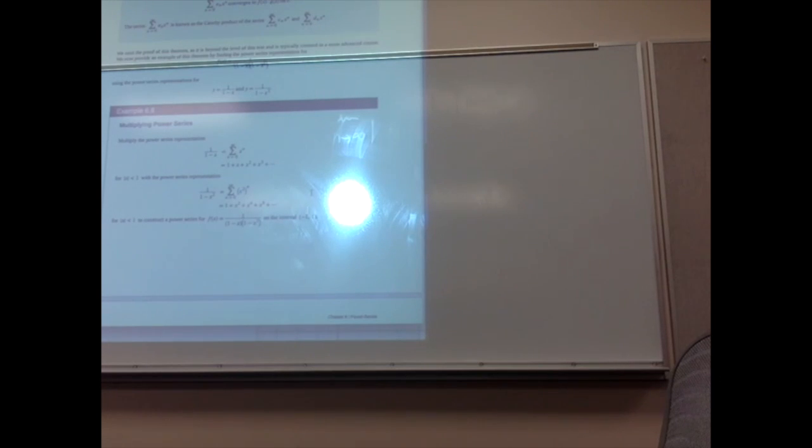Based on the examples that we've seen so far, I could come up with this answer very easily, by just taking the geometric power series and everywhere you see an x, replace it with x squared.